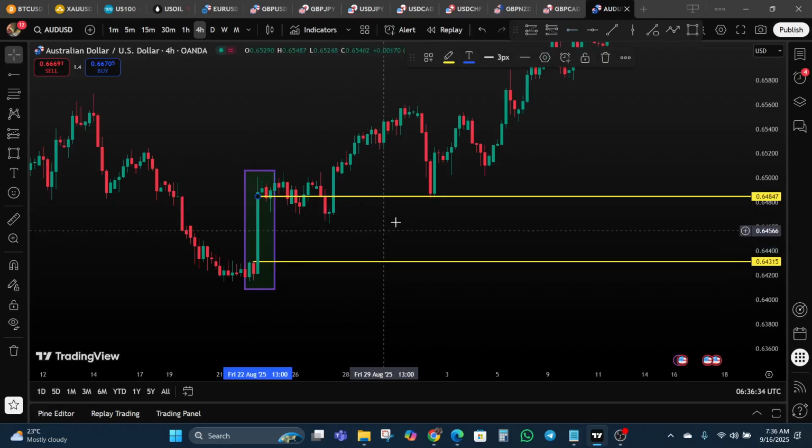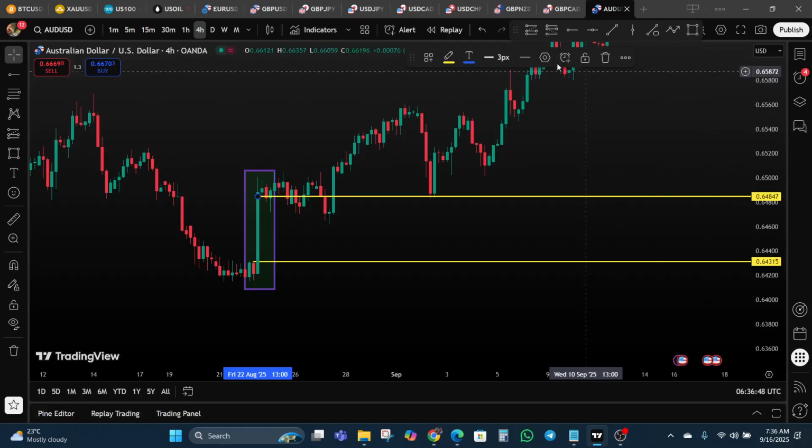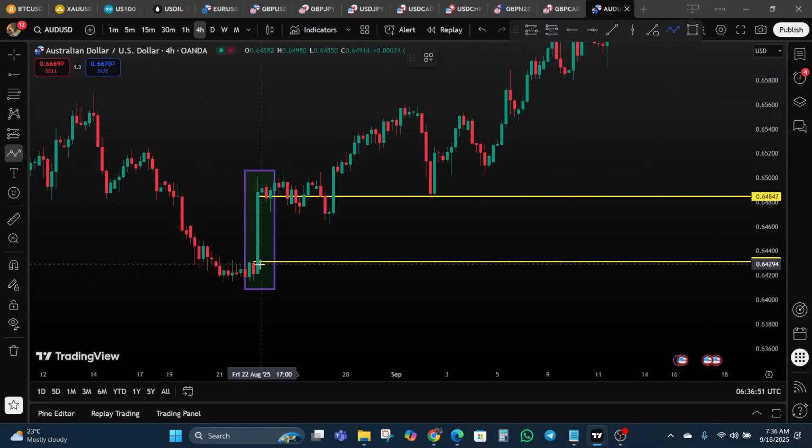So a balanced price range happens when price creates an imbalance, usually from a strong move in one direction, and then it later comes back to rebalance that area. In this particular example, price pushed up, created an imbalance, and came back partially, just about halfway through.